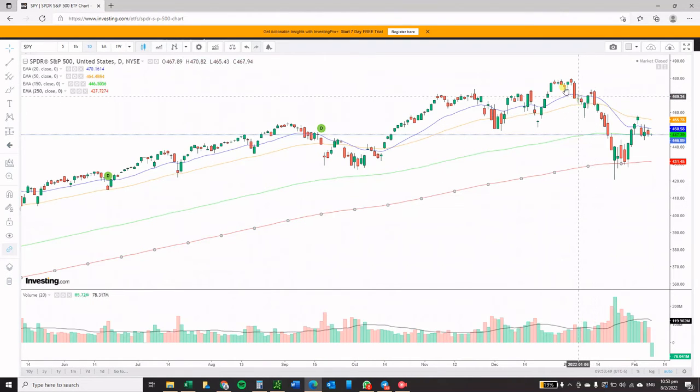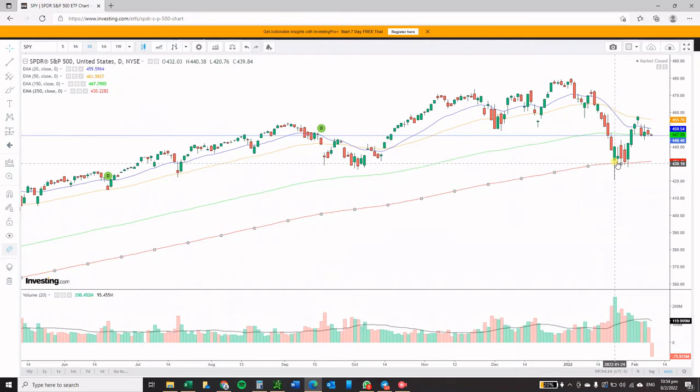Now let's look at the recent price movement of SPY. Recently, SPY pulled back quite a bit. The highest price it reached was 479, but recently it dropped all the way to my 250 EMA. But before it dropped to 250 EMA, it cut my 20 and then went to 50, and my 50 EMA acted as a good support here, and it retraced back up before it dropped again to 250.